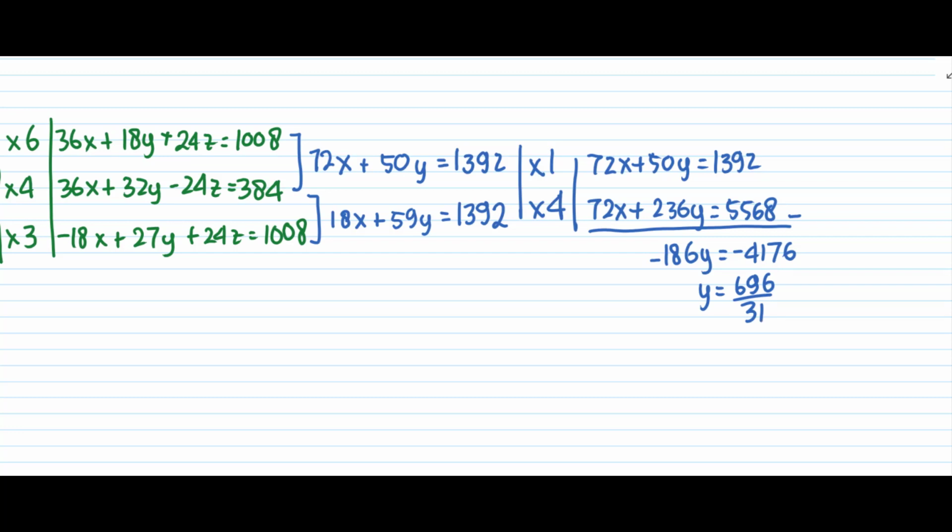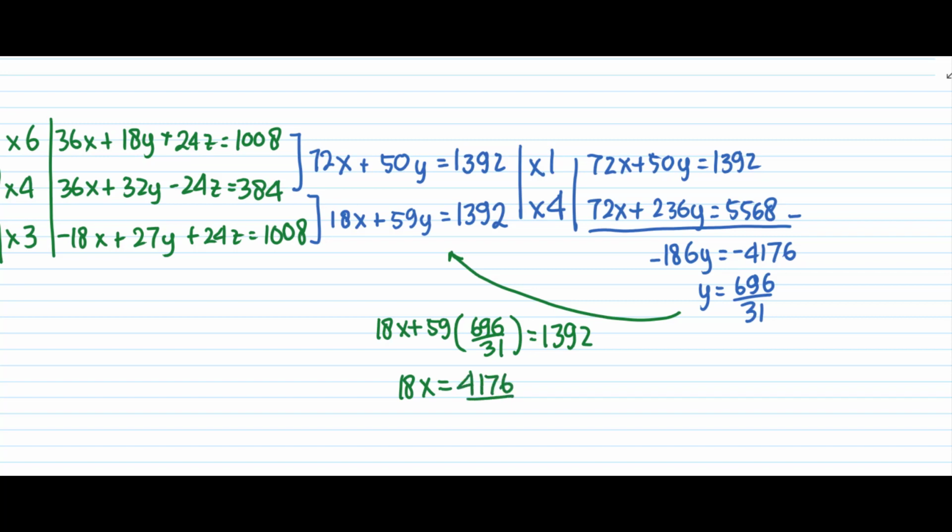So after this we can substitute it. 18x plus 59 times 696 over 31 equals 1392. So 18x equals 1392 minus 59 times 696 over 31, 4176 over 31.